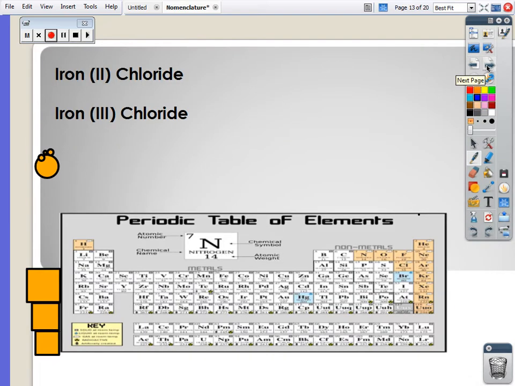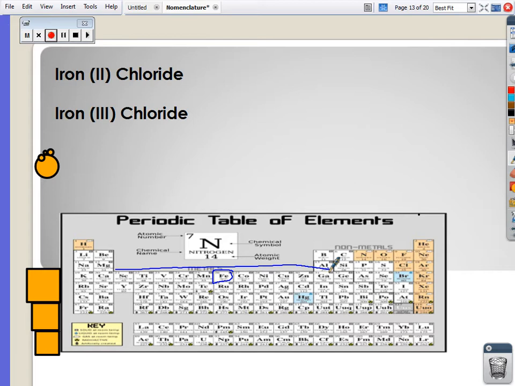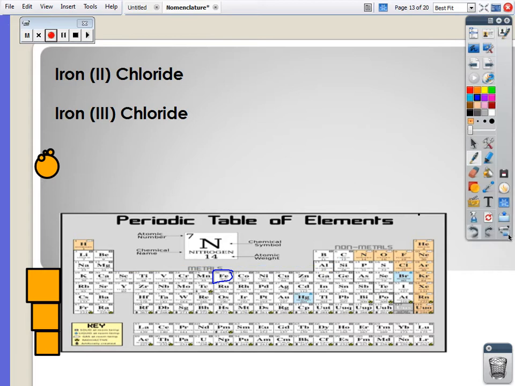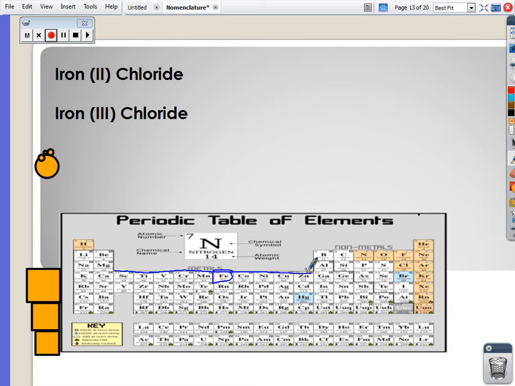So let's look at these. Iron 2 chloride and iron 3 chloride. Why in the world are we using Roman numerals? Well, if you look, where's iron live? It lives in this area. That's like a bunch of Roman soldiers walking back and forth along this wall.